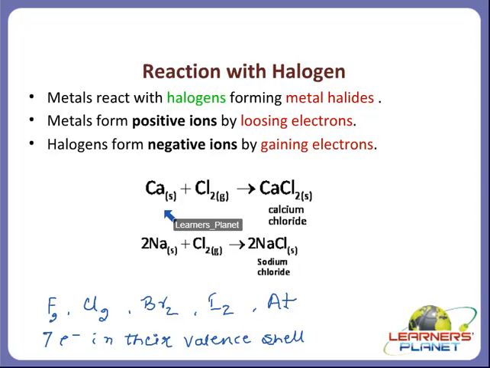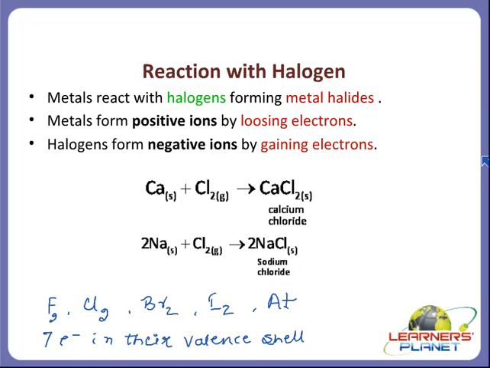Now in this case, metals react with chlorine. What will they form? Calcium reacts with chlorine, forming what? Calcium chloride, a solid. Sodium reacts with chlorine, forming what? Sodium chloride. Likewise, magnesium reacts with chlorine, forming magnesium chloride.